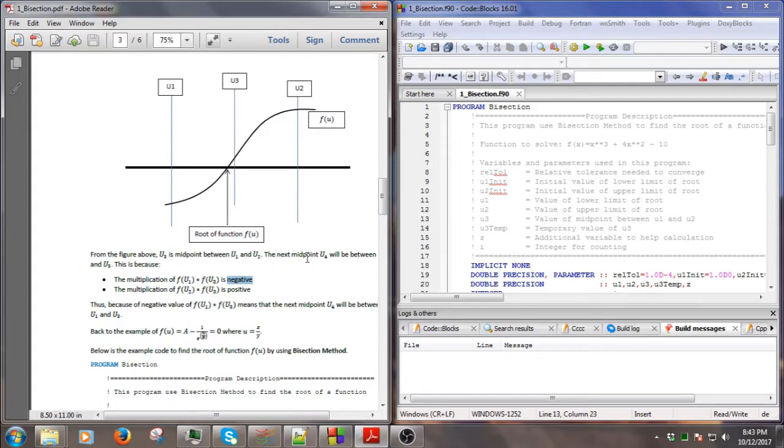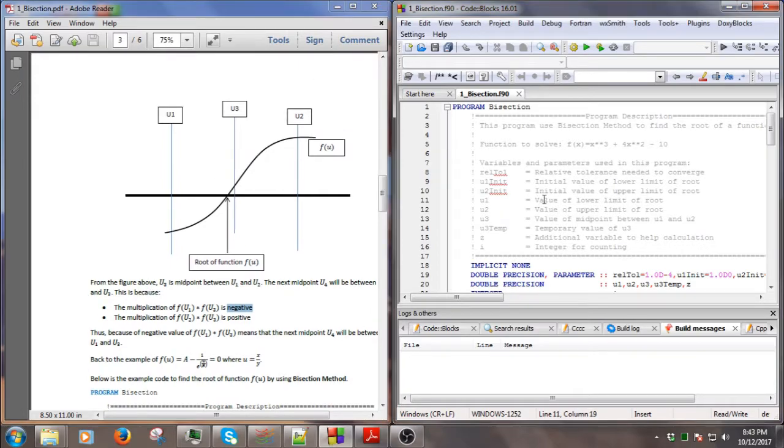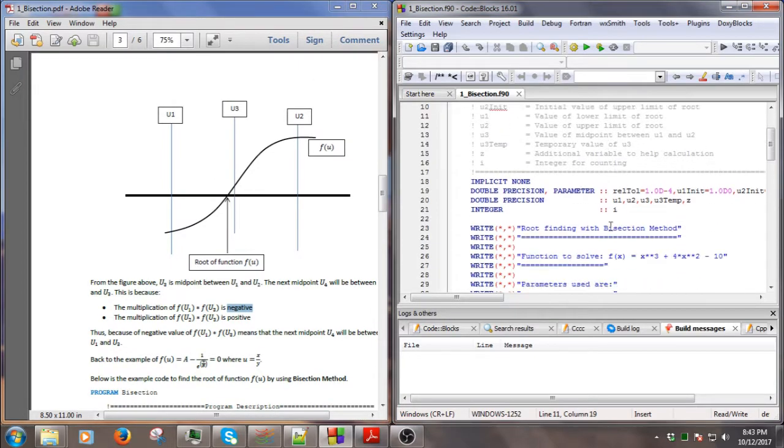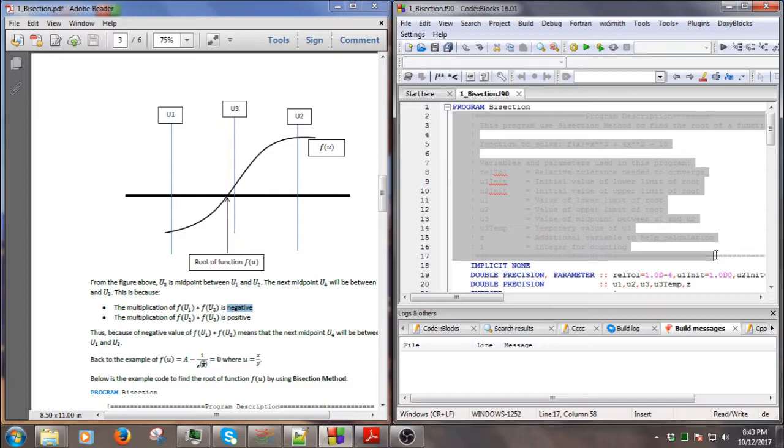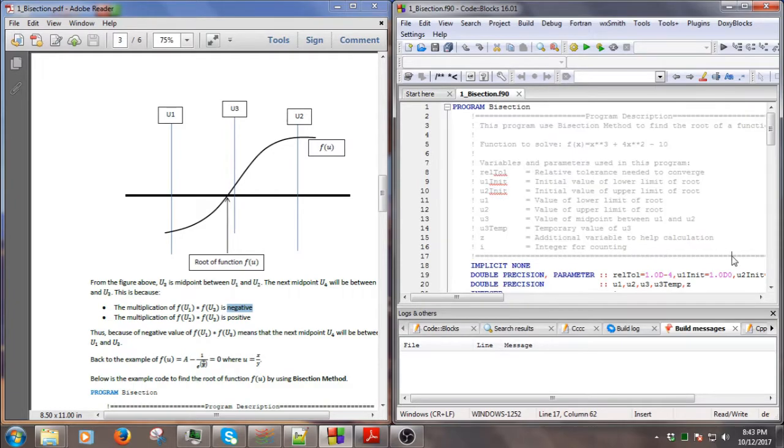Okay, let's go to the Fortran program here. In this Fortran program, we have the initialization here. It's just a comment to make sure the user understands what we do in the program.